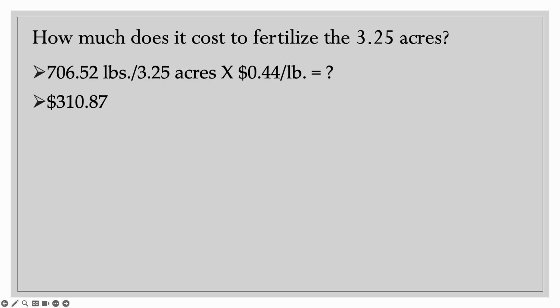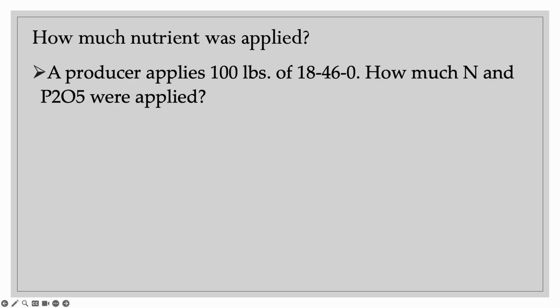And DAP has a guaranteed analysis of 18-46-0. So 18% is going to be nitrogen, 46% is going to be P2O5, and 0 K2O.